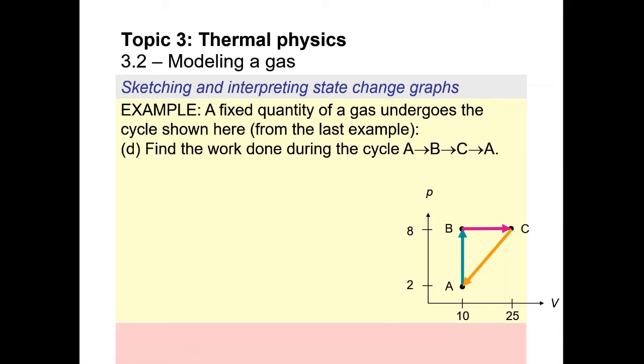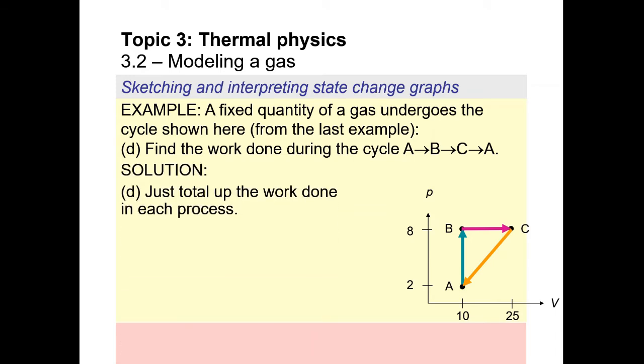D. Find the work done during the cycle A, B, C, A. So we just total up the work done in each process. From A to B, no change in volume, so work done is 0. From B to C, pressure is constant, so pressure times change in volume, and the gas is expanding, so you get a positive 120 joule.